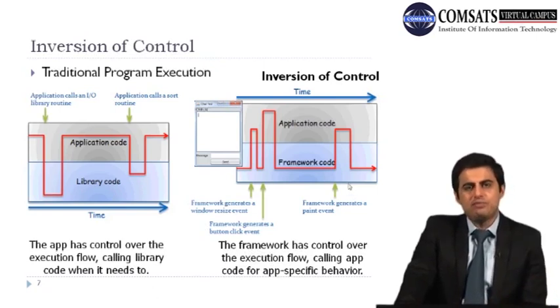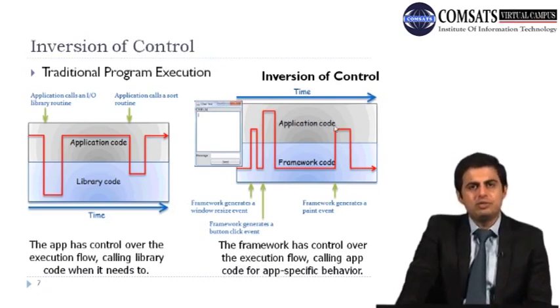But if you look at the framework, it has a lot of features in it. So there is application code which you have written, but that application code doesn't have all the control. Rather, the framework has control over the execution flow. It calls the different code which you have mentioned in your system.